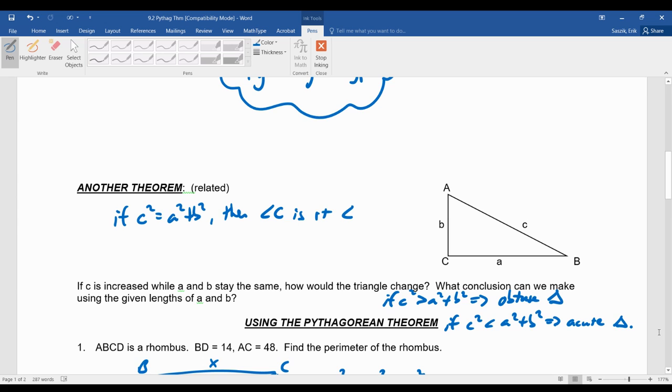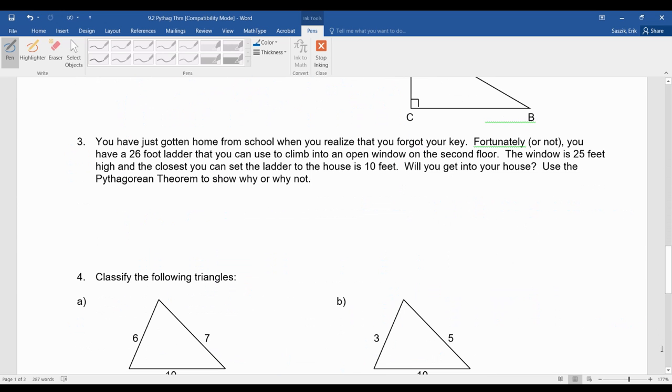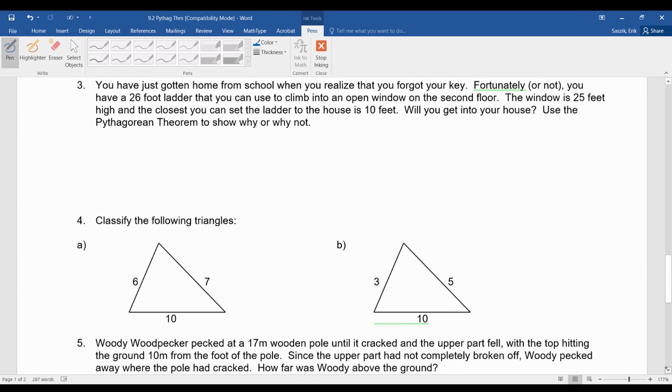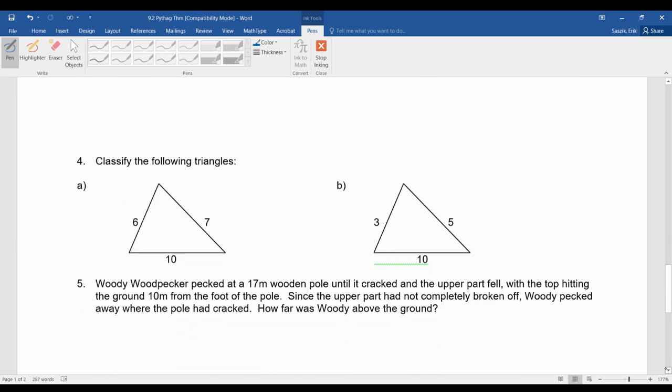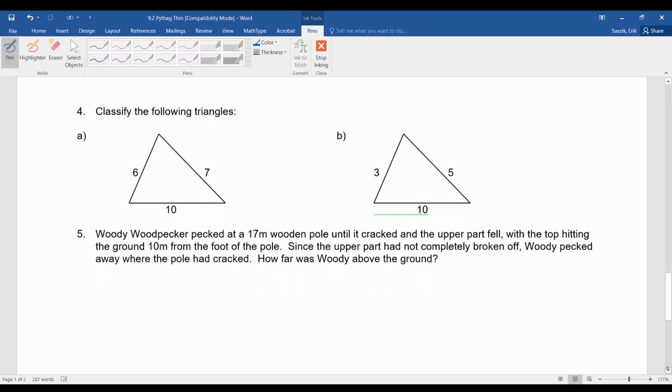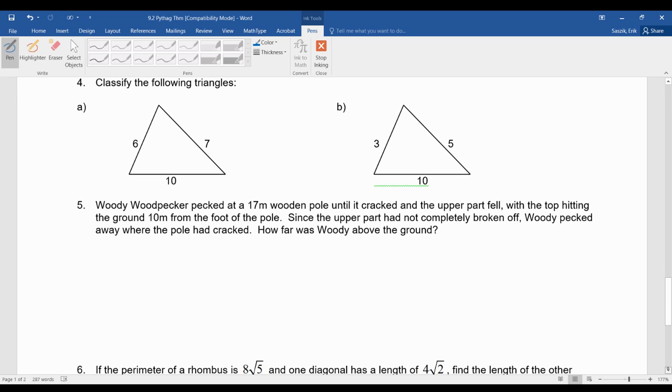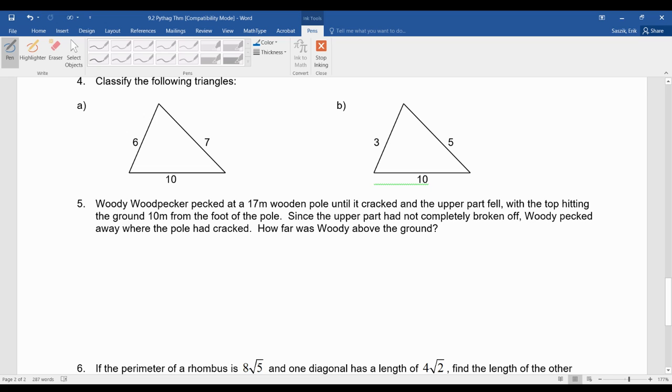Okay. So here to classify these triangles, that's what I mean. You want to classify these as acute, obtuse, or right. So here you would do 10 squared is going to end up being greater than 6 squared plus 7 squared. So if that's the case, that's going to be obtuse.